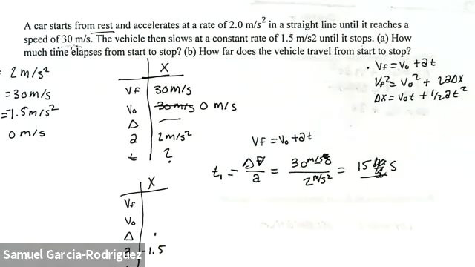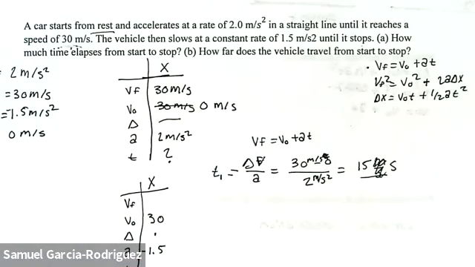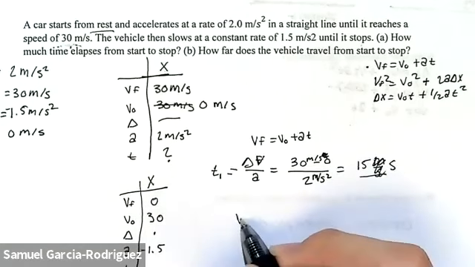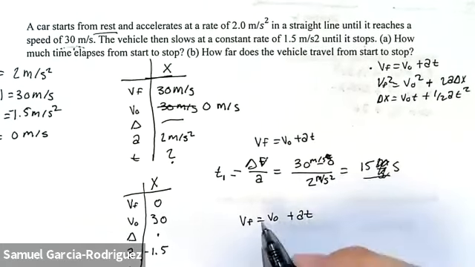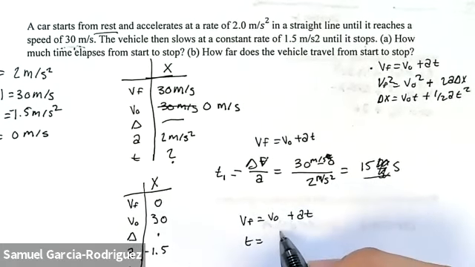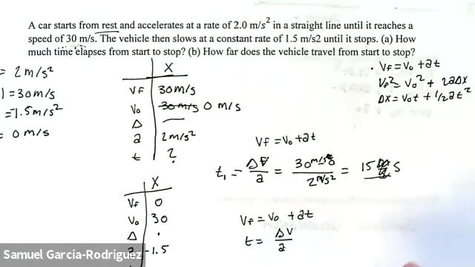Why is it 30? What is our final going to be? 0. And then you set it up the same way. You use the same equation. Move it around over a, and then you plug and chug.